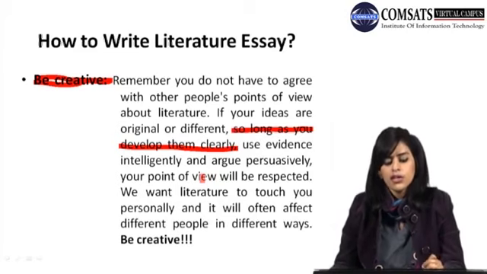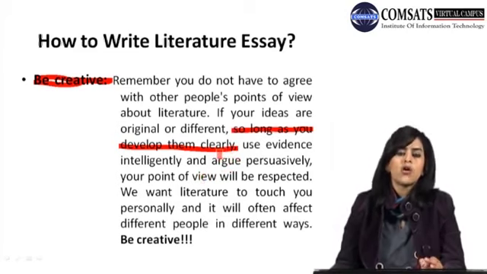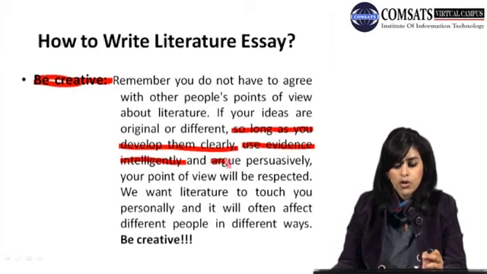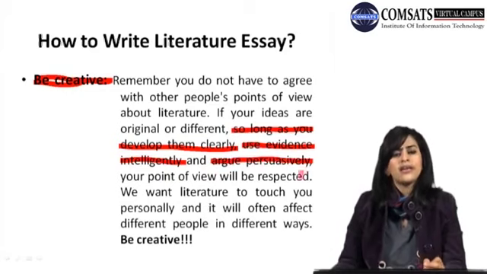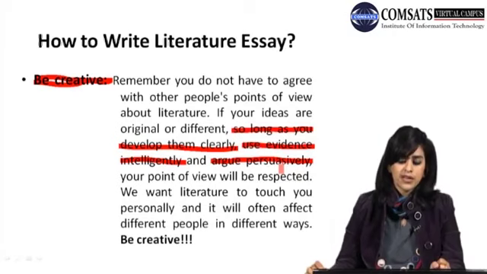Now how do you do that? You can do that if you stick to the clarity of your literature essay, if you use evidence intelligently and argue persuasively. Only in this way can any other person respect the argument or analysis that you are presenting in your literature essay.